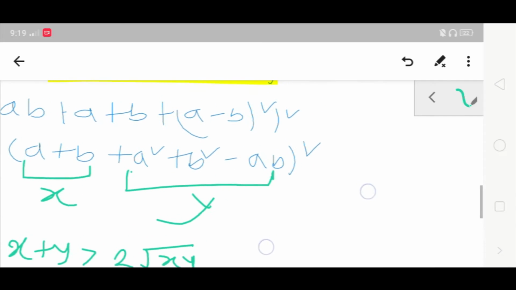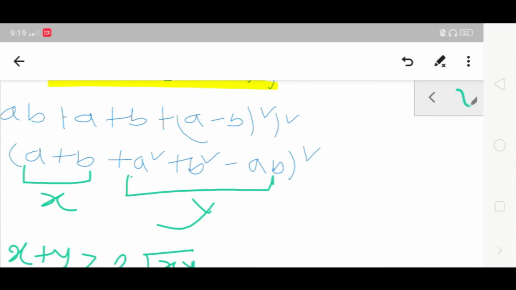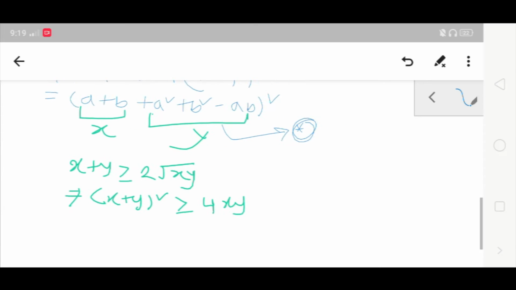Now it should be easy to note that a squared plus b squared minus ab is obviously greater than 0. If there is any problem, I will discuss this at the end of the problem. Let me give a star mark here so that I can remember at the end of the problem.